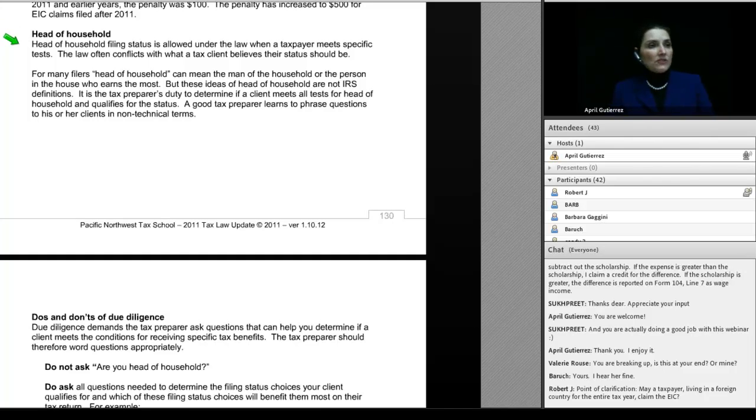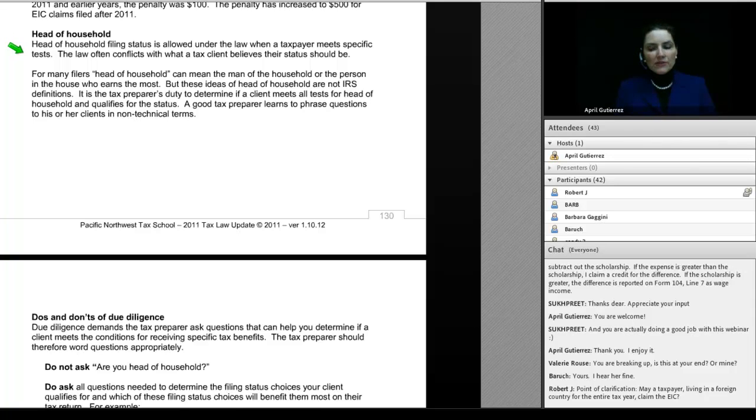Now, one of the most common errors ever made on tax returns across the board, EIC and otherwise, is the head of household filing status. The head of household filing status is allowed under the law when a taxpayer meets specific tests. The law often conflicts with what a client believes their status should be.